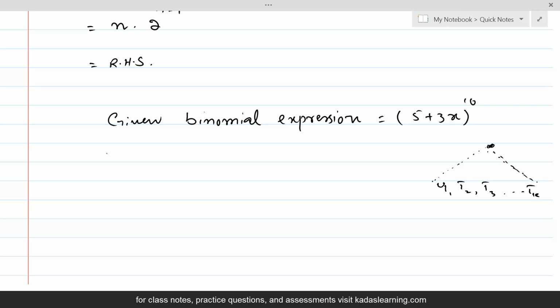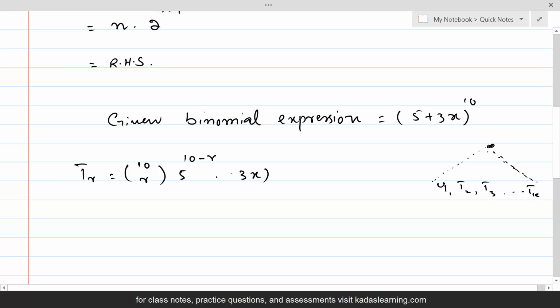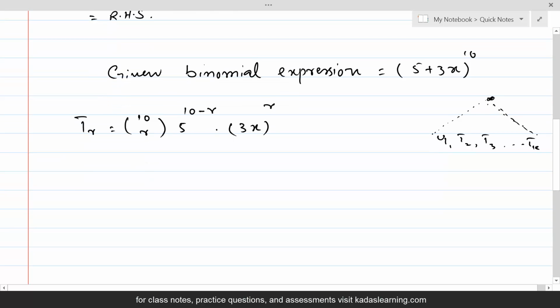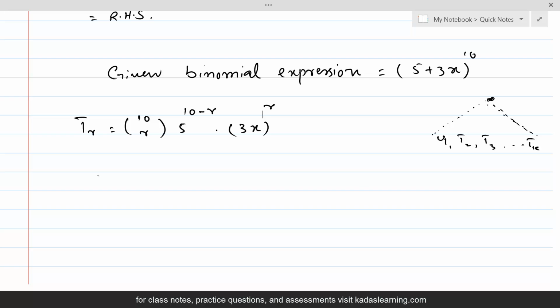So let's find the r plus 1th term, the general term. T(r+1) is equal to 10Cr into 5 power 10 minus r times (3x) power r. That is the general term, or the r plus 1th term.